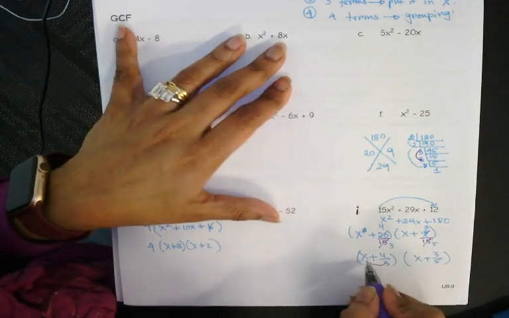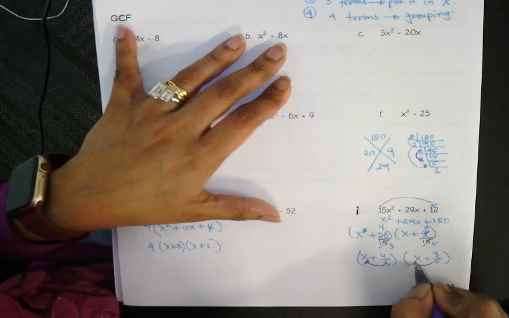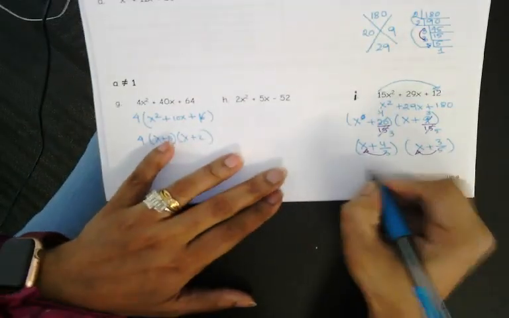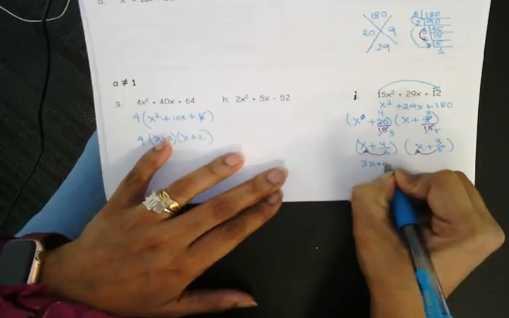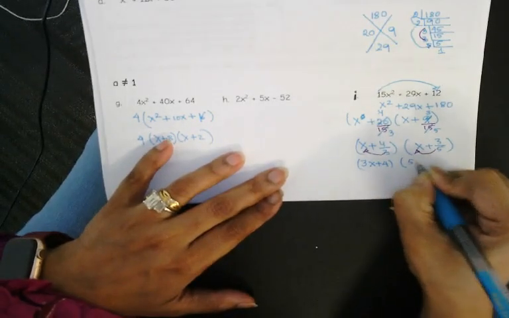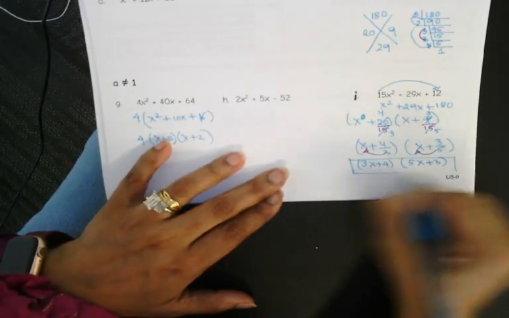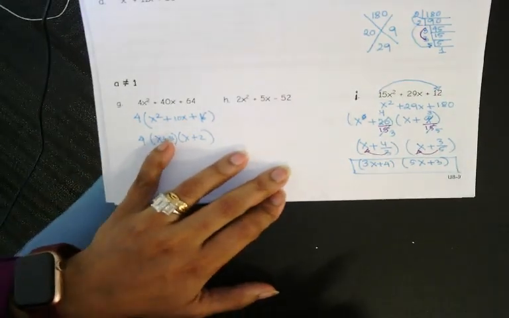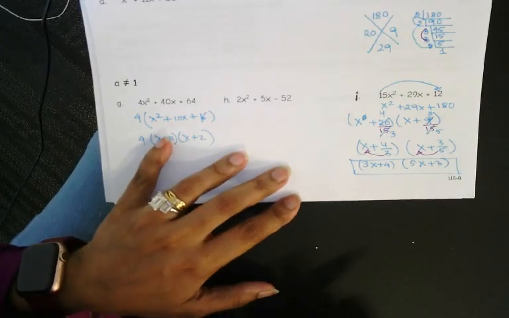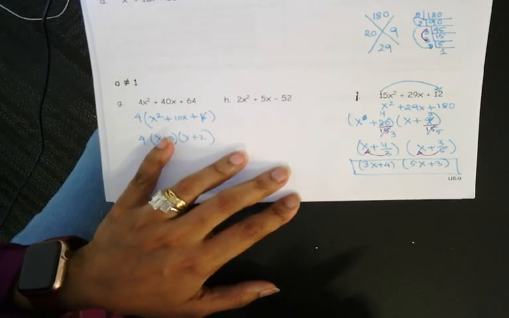So we are going to move this one with x, and this one with x. So it should be 3x plus 4, 5x plus 3. That's my factor. And don't think that you are not going to see it. You're going to see it repeatedly. The factors are coming back for today's class.